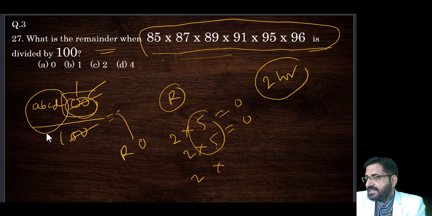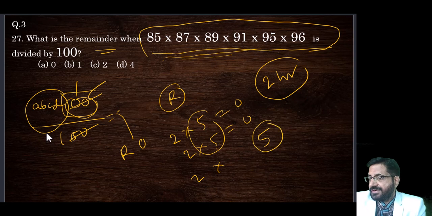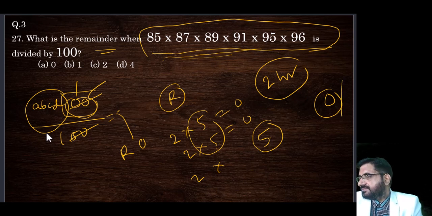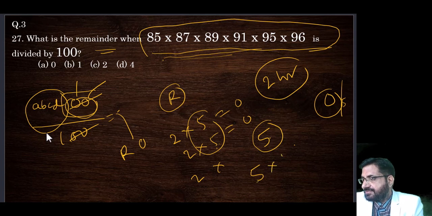So the point here is that these multiples should contain at least one 5. Any number multiplied by 5 will give you 0 or 5 at its unit place. So you should get 0 by multiplying 5 with numbers either 2 or 4 or 6 or 8.